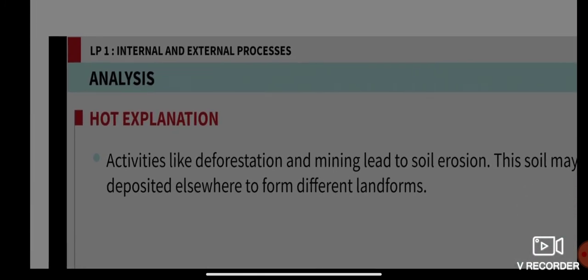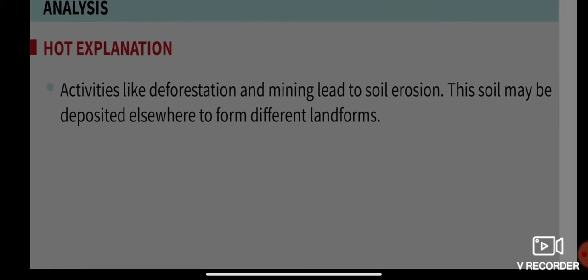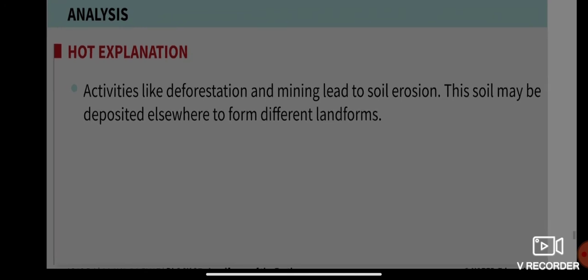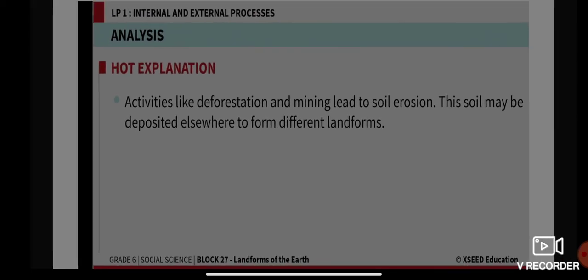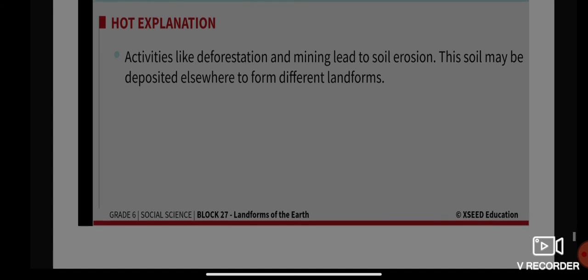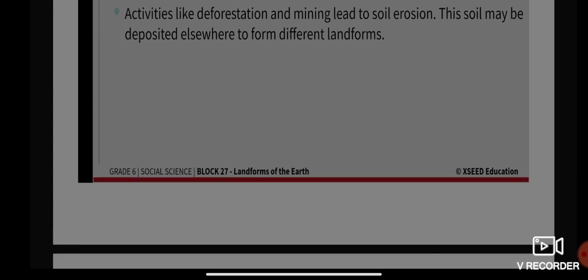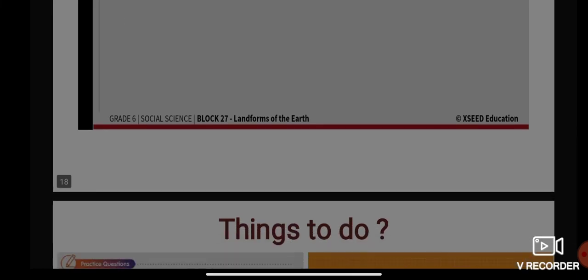See, activities such as deforestation, that is cutting down of trees, and mining lead to soil erosion. This soil may be deposited elsewhere to form different landforms. So activities such as deforestation and mining always lead to soil erosion, and this soil may be deposited in some other places to form different landforms.